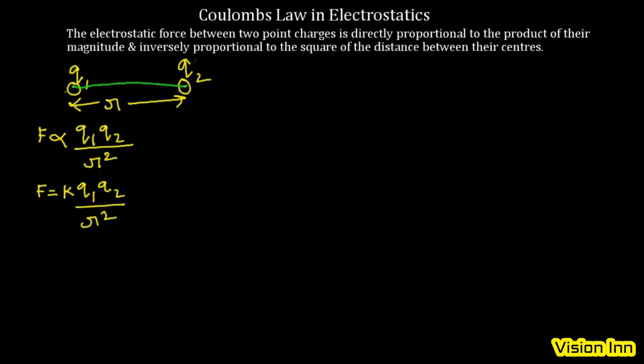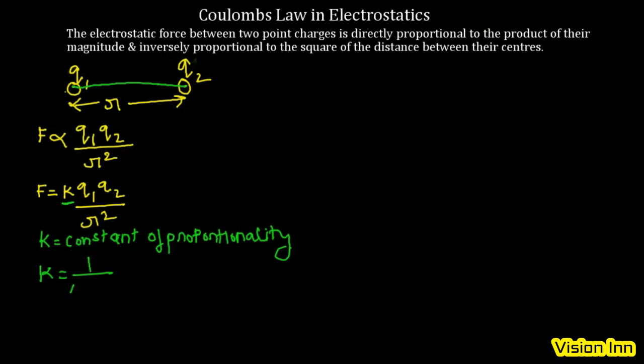Now coming back here, what is K? K is the constant of proportionality. The value of K is 1 upon 4 pi epsilon.